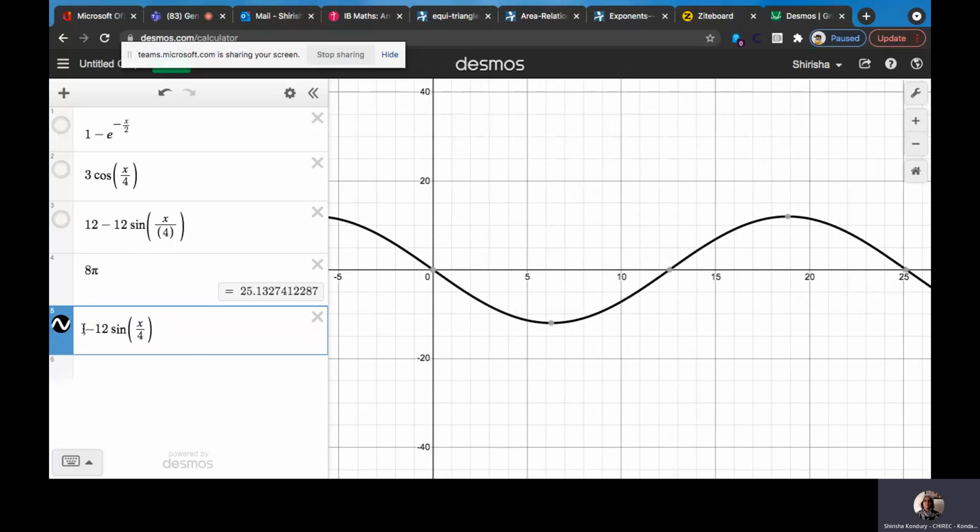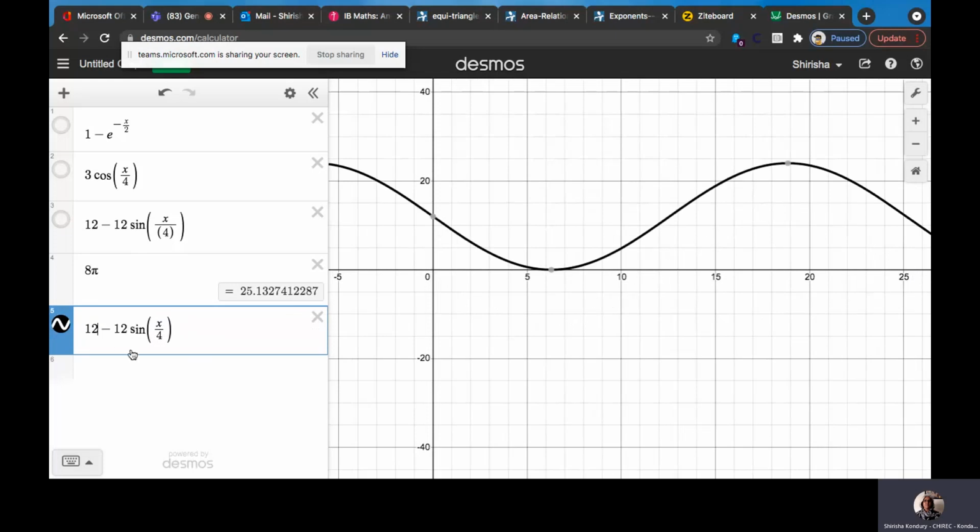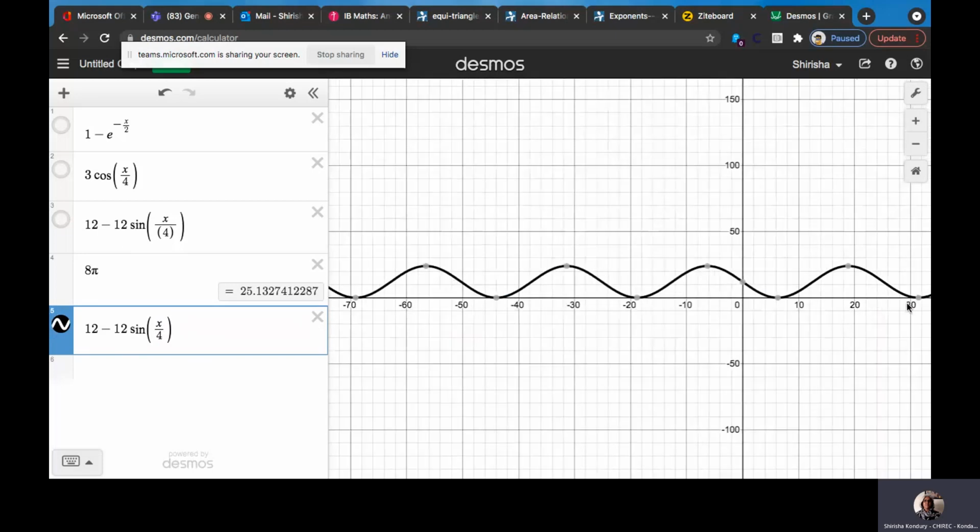But as soon as I add 12, it gets translated. So now my intercepts change. My y-intercept is 12, and there is only one x-intercept between 0 to 25 because my 8 pi is no longer the point at which it meets the x-axis, because everything has got translated up by that amount.